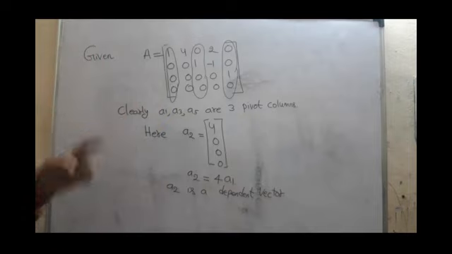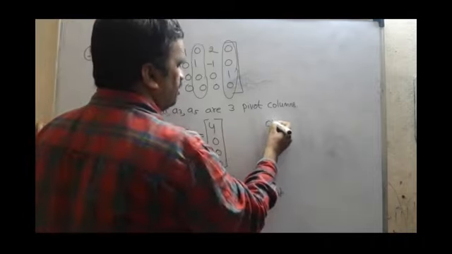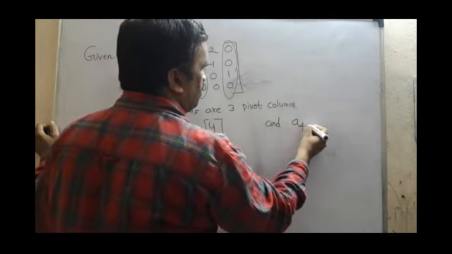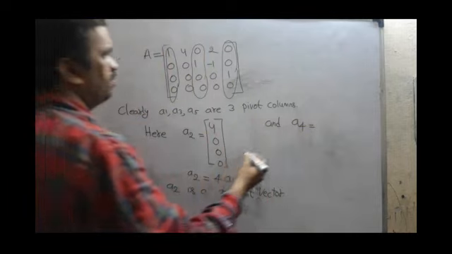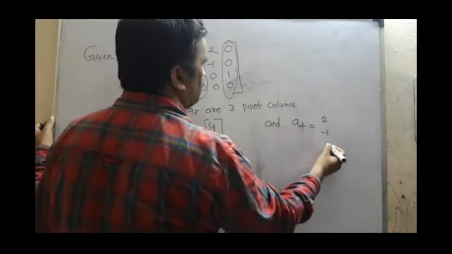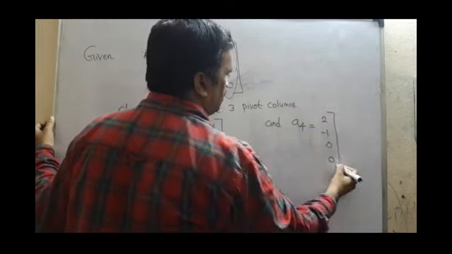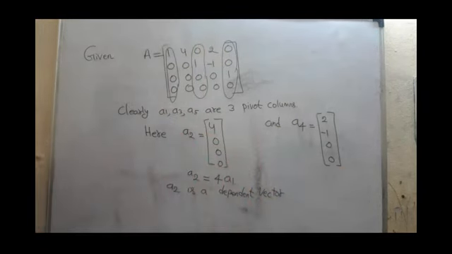One more is there, A4. I am going to prove A4 also is a dependent vector. These two vectors I can remove, and the remaining columns are independent columns, and already we have three pivot columns. They are independent. Now A2 is a dependent vector. Next, we have A4, the fourth vector, 2 -1 0 0.